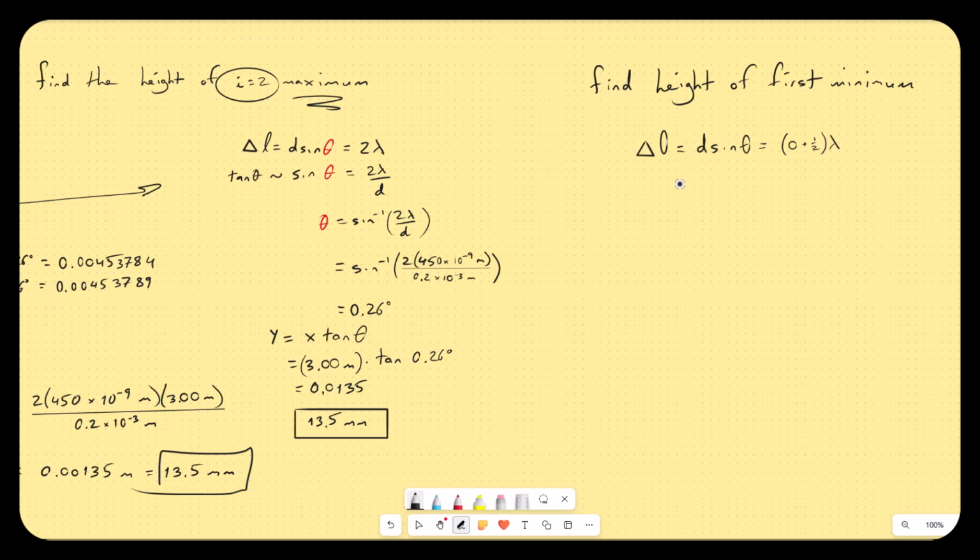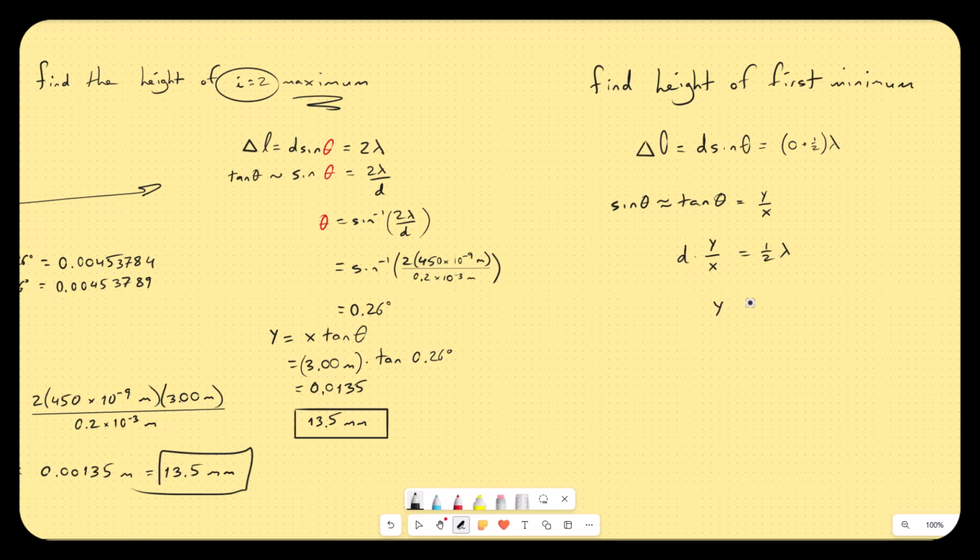Sine theta is about equal to tan theta, equals y over x. So y over x times d equals half lambda.